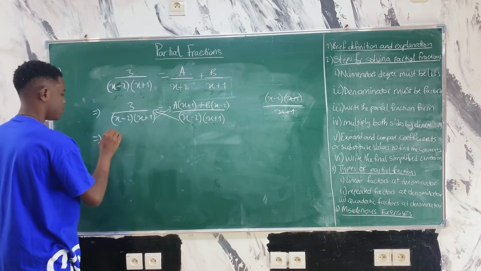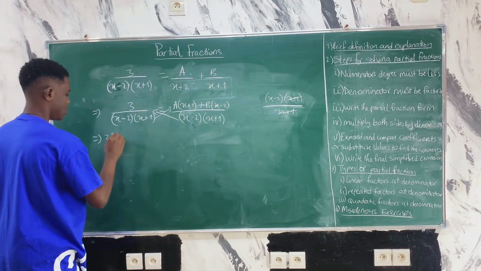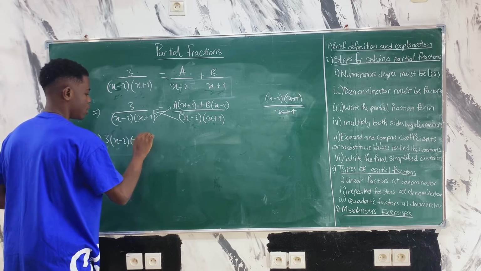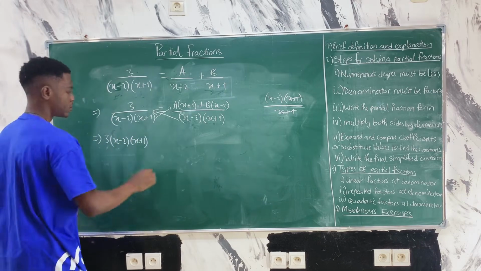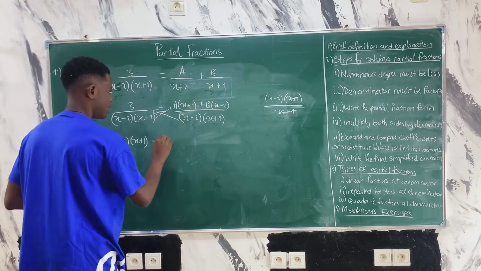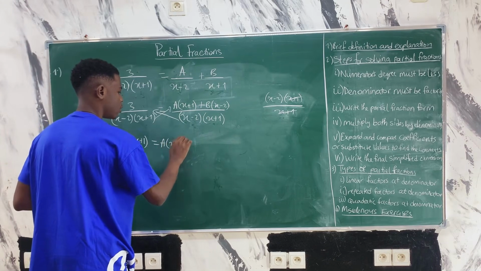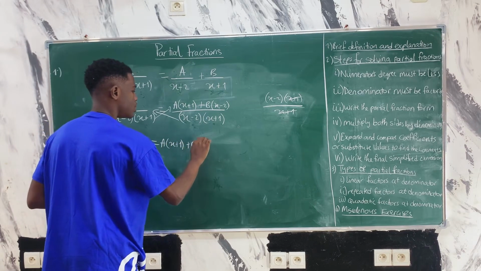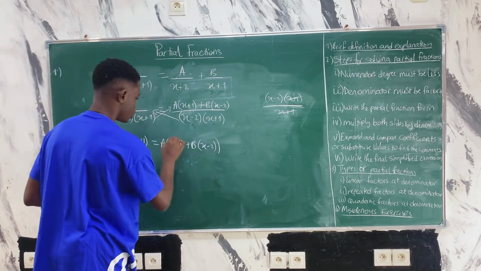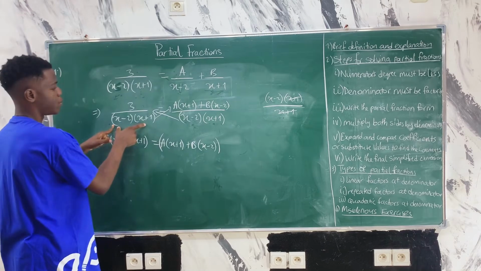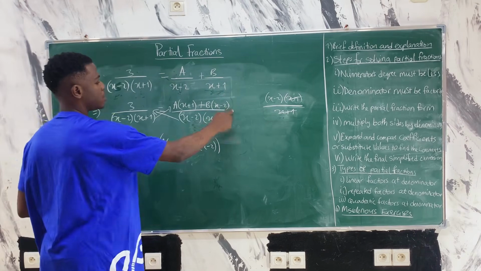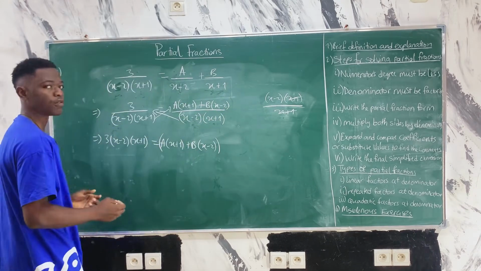So I'll have 3 into all of this, x minus 2 into x plus 1, is equal to all of this times this: a into x plus 1 plus b into x minus 2, all of that into this. When you multiply, you put a bracket outside of the thing to show that it multiplies everything that is here. That's the importance of the bracket.